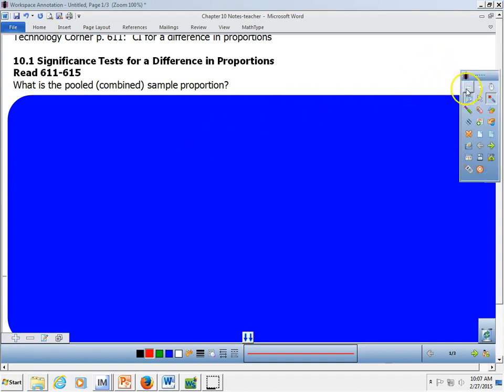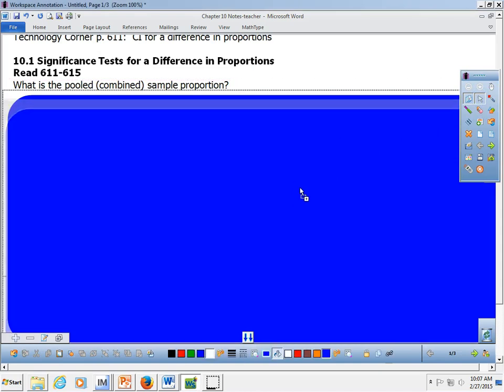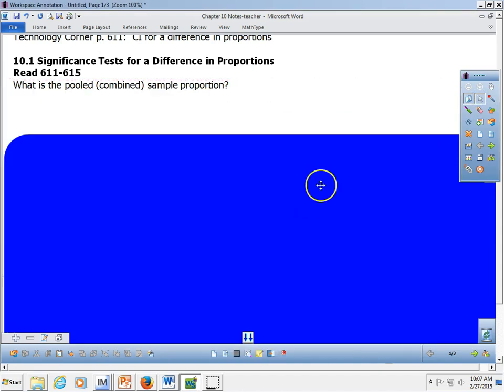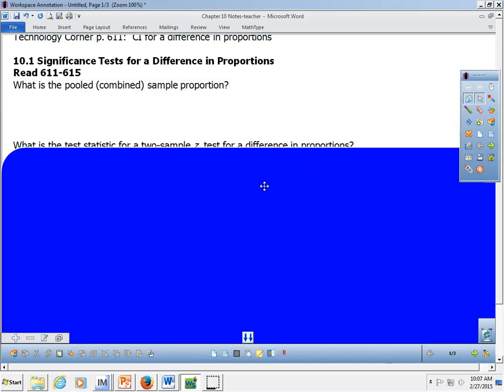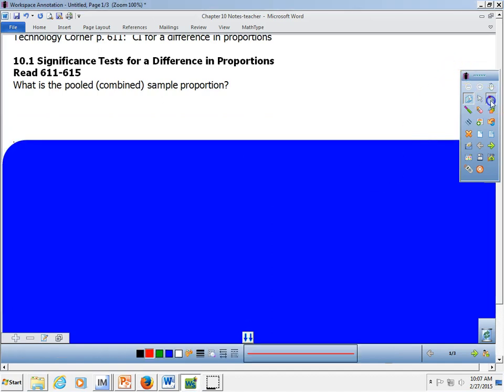Well, where this comes from is you have to remember what it is we're doing in a test, right? And so we're testing two hypotheses, right? And the null is always that statement of no difference.